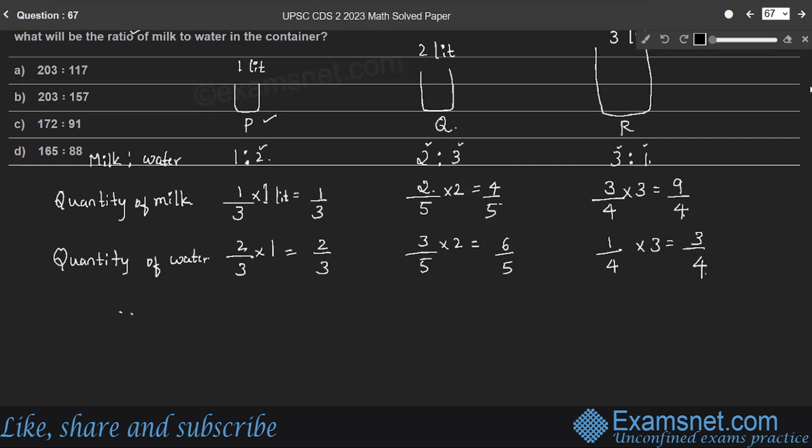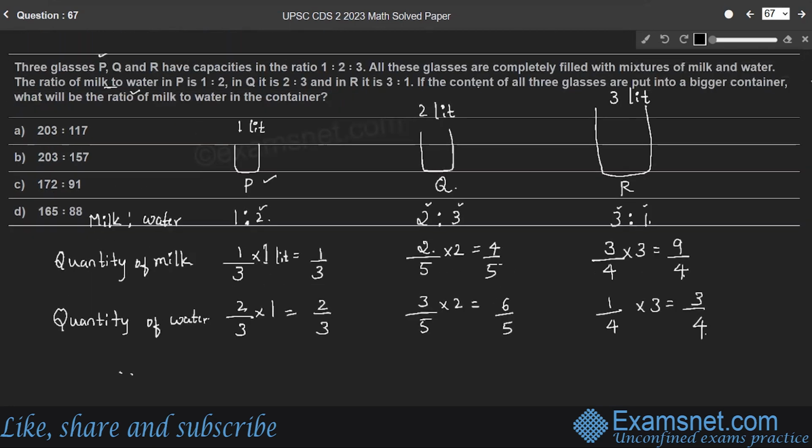Therefore, we need the ratio of total milk to water.